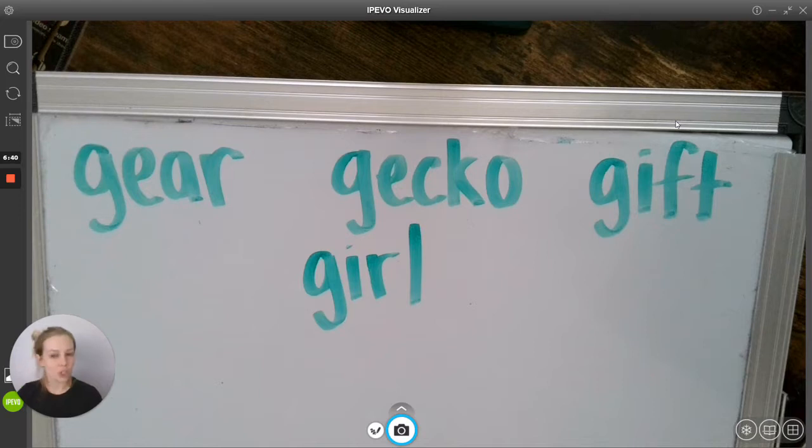What sound is G making? Hard or soft? Hard. And what is following G in all of these? E and I. So does G always soften to J when following E, I, or Y? No. Sometimes it does stay hard. So we only say G sometimes softens to J, or to the J sound.